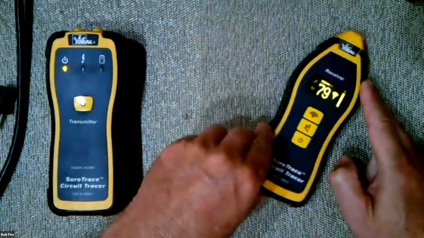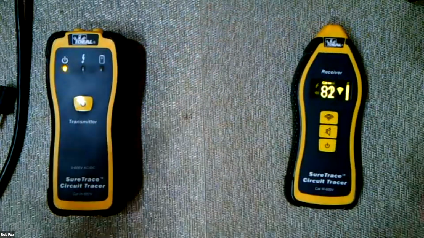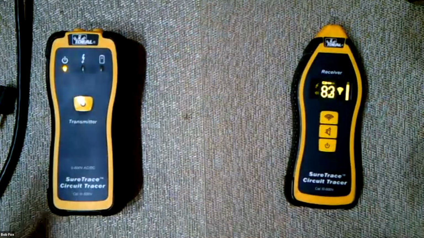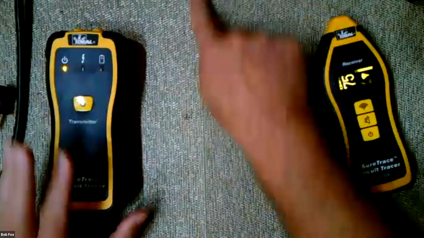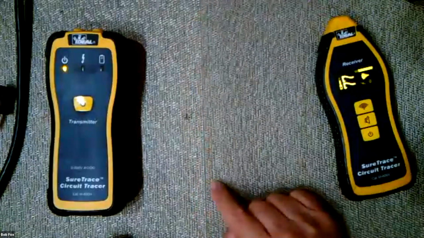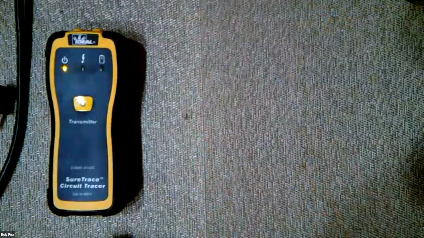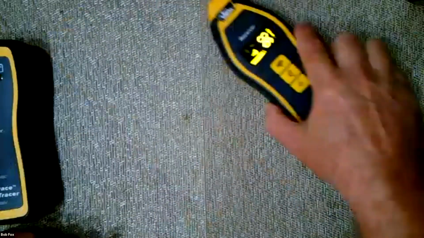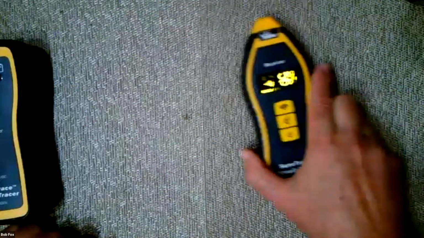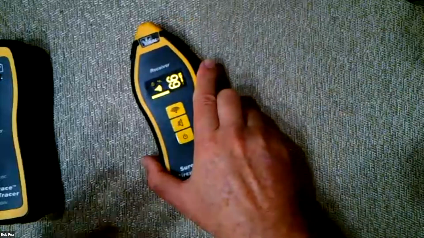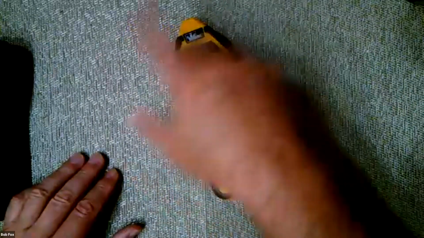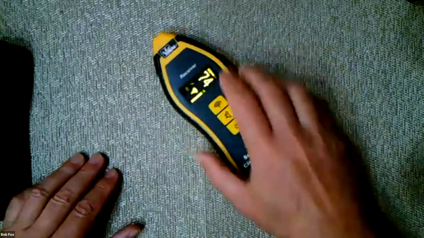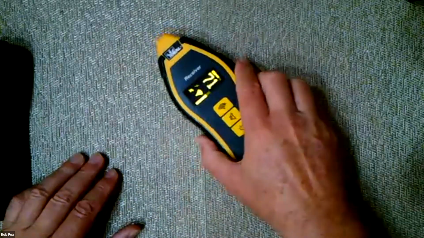Part of the key to learning this, as you get one of these and start working with it, is understanding you can't be waving it around. If this line represents a conductor behind a wall, and you're doing this kind of pattern trying to scan, you're going to have a terrible time. What you want to do is find the high point, and I'll demonstrate that again in just a second. Find the high point, center it, then spin it around and find the orientation that gives you the strongest signal.